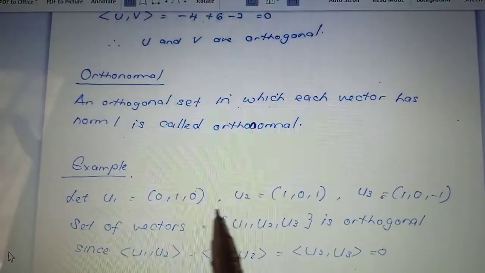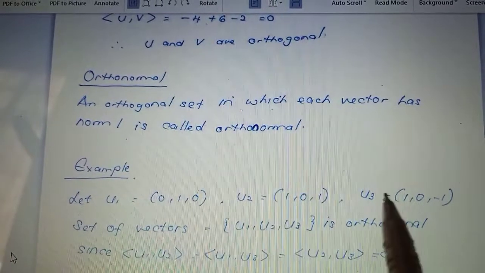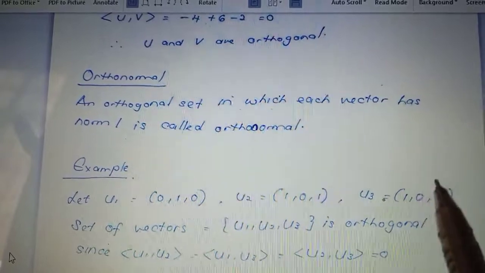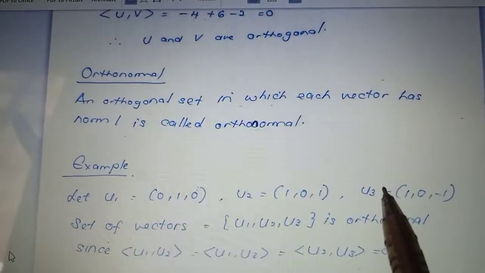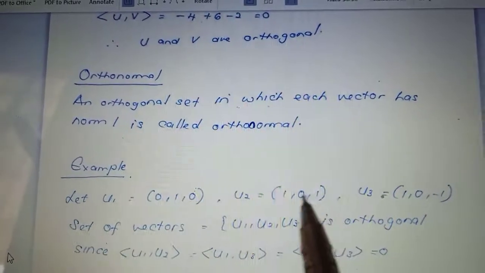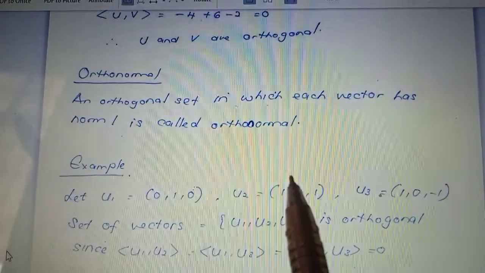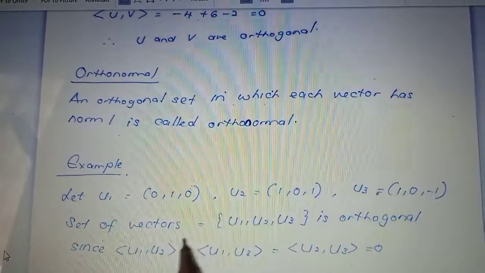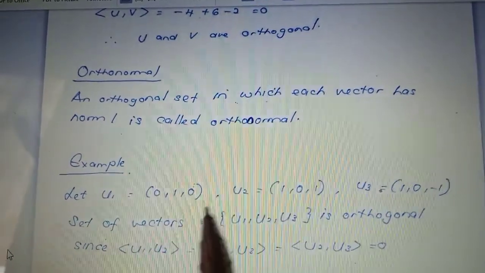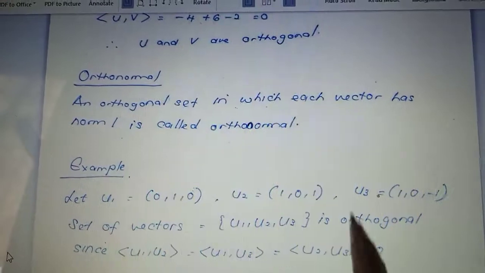You must test u1 with u2, u1 with u3, and u2 with u3. So how many trials should there be? Three trials. You must try the 3 trials and make sure that every inner product is 0. Only then can we say that vectors u1, u2, and u3 are orthogonal.